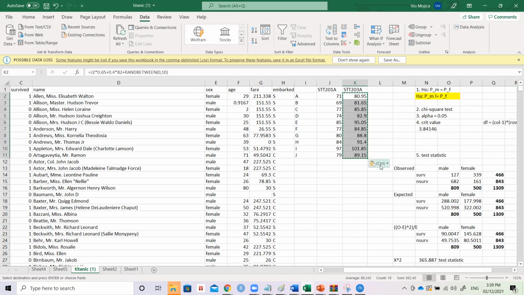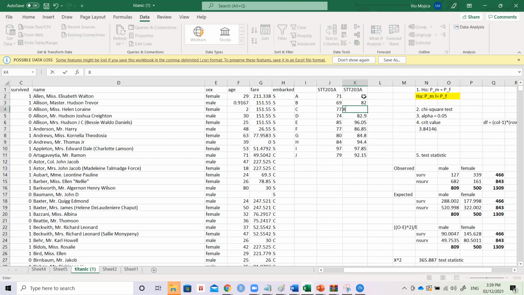So simulation lang what I did. Round them up. This is 86, 82, 86, 83, 96, 87, 85, 94, 98, 92. So those are the grades for students A to J for Stat 201 and Stat 203.